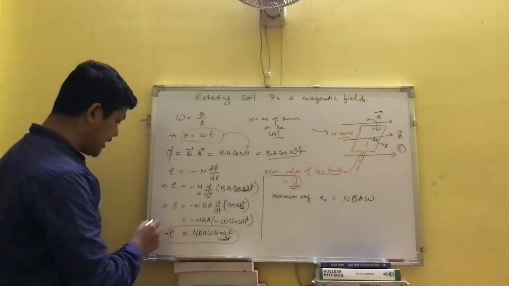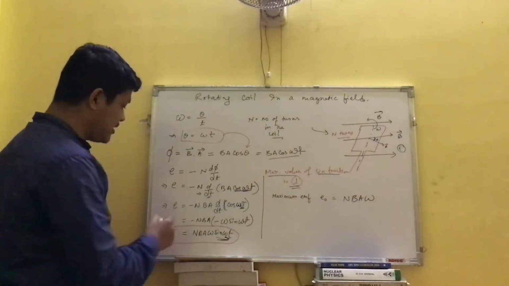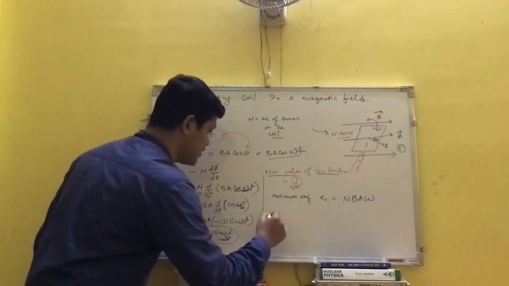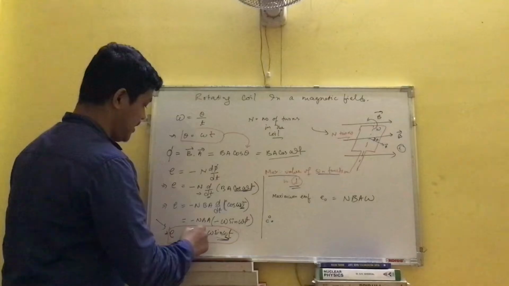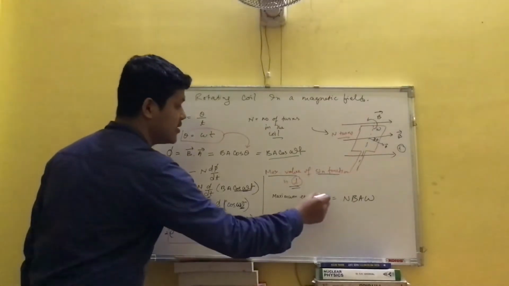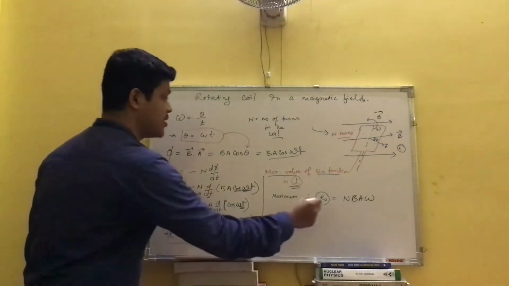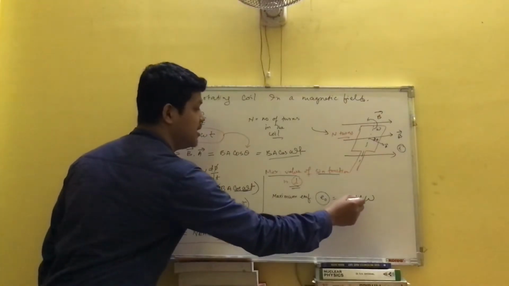So we can rewrite this expression. We can replace nBA omega by E naught, because E naught is equal to nBA omega.